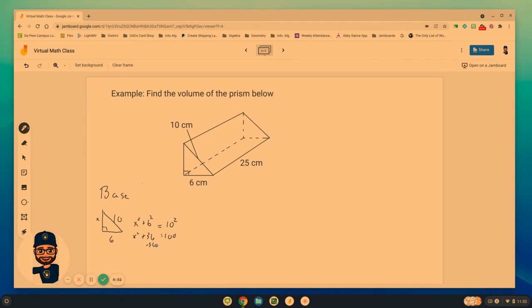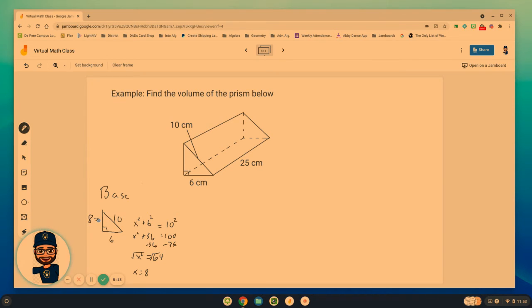Subtract that 36 from both sides, and x squared would have to equal 64. When we take the square root of both sides, x will equal 8. So that side of the triangle over here is going to equal 8.